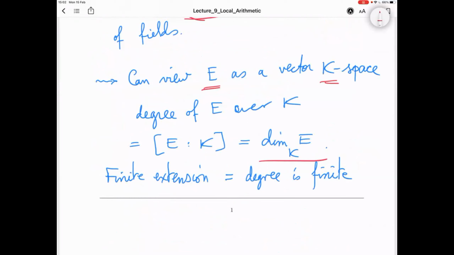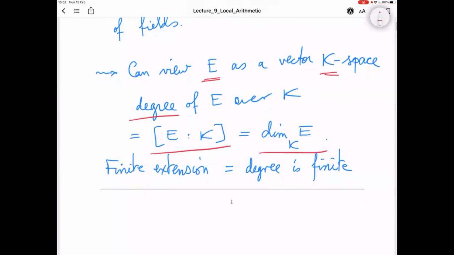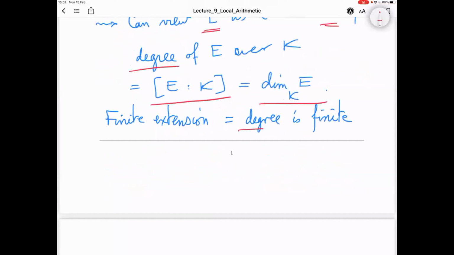And that dimension is called the degree of E over K, and it's denoted by this symbol. The degree of E over K is just the dimension of E as a vector space over the field K. Okay. And for the time being, I'll assume that the degree is finite. In which case the extension is said to be a finite extension. Or extension of finite degree would be more appropriate.